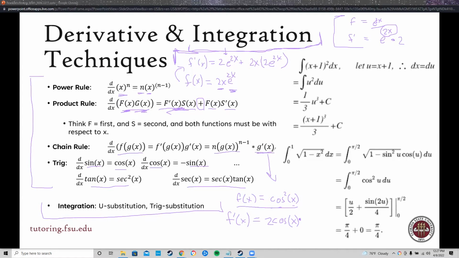Now I have to multiply by the inside function, which is cosine of x. The derivative of cosine of x is equal to negative sine x. So now my answer is actually negative 2 sine of x cosine of x.